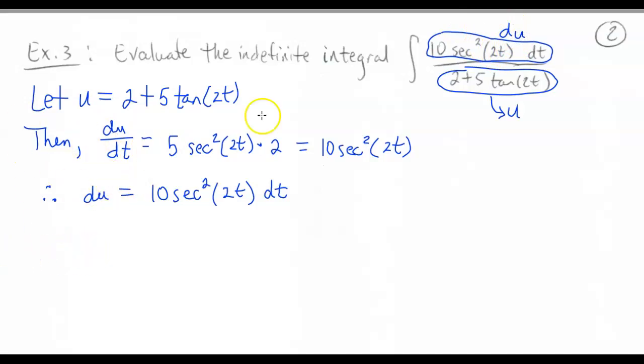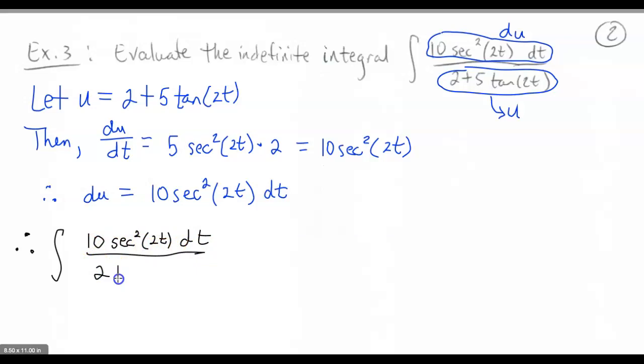So therefore, we'll go ahead and switch colors for this one. So therefore, what we have is this 10 secant squared of 2t dt all over 2 plus 5 tangent of 2t. That simply can be rewritten as du over u. Okay.